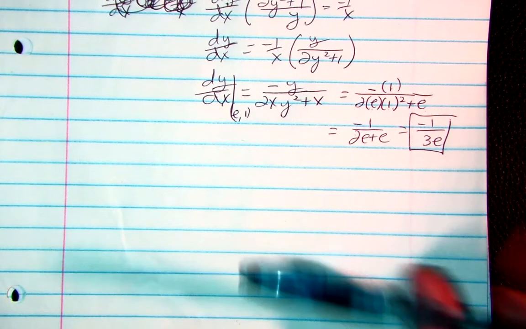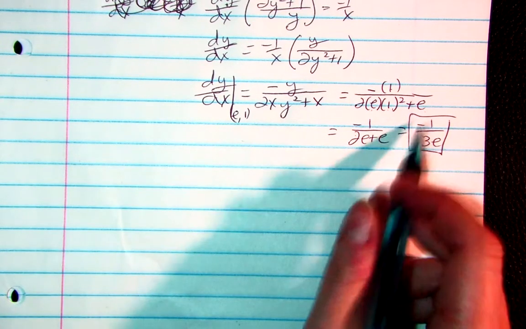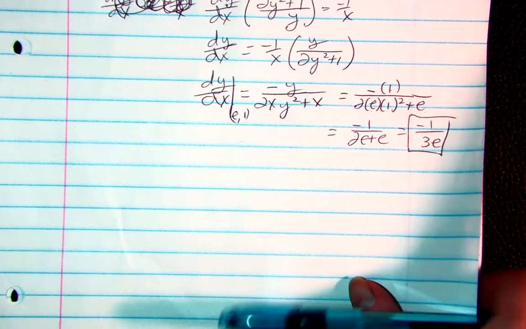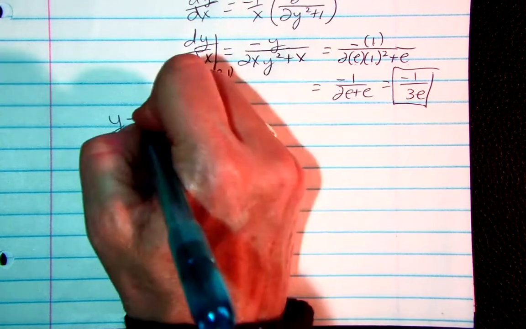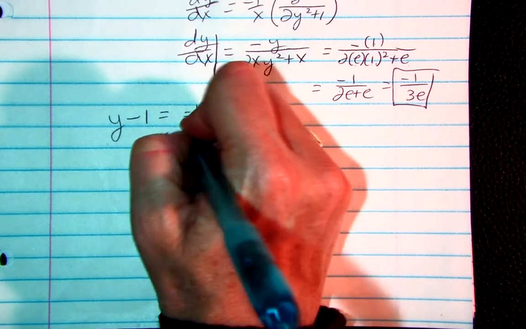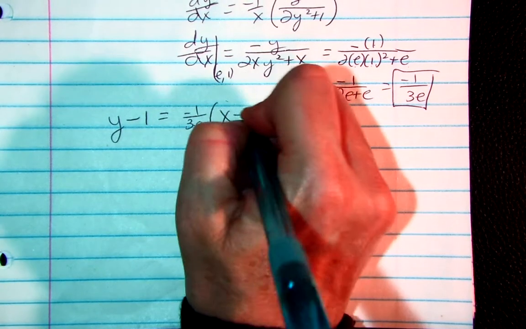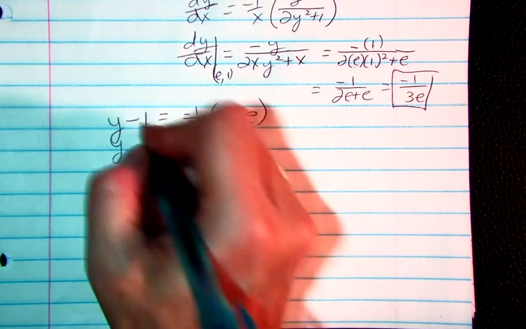So what is that? That's the derivative at that point, so that means that is the slope. Remember, e is just a number, 2.71. So that's y minus 1 equals the slope, negative 1 over 3e, times x minus e. So they might leave it like this.